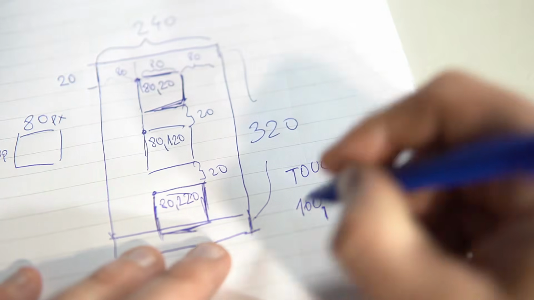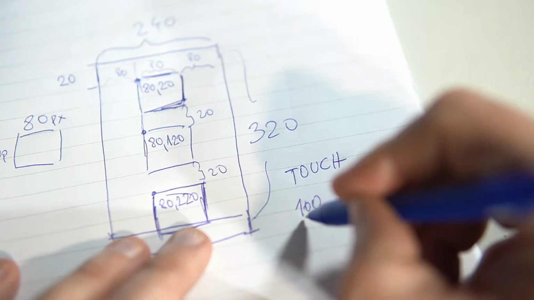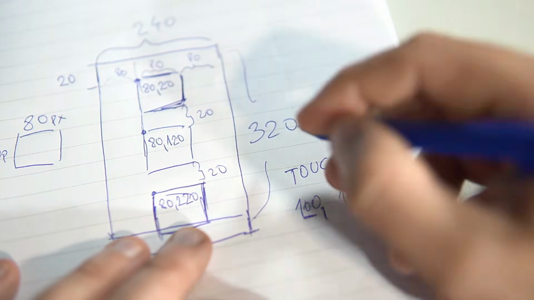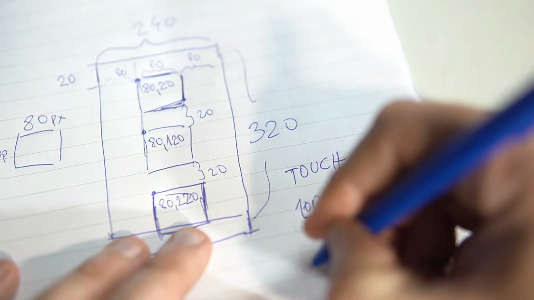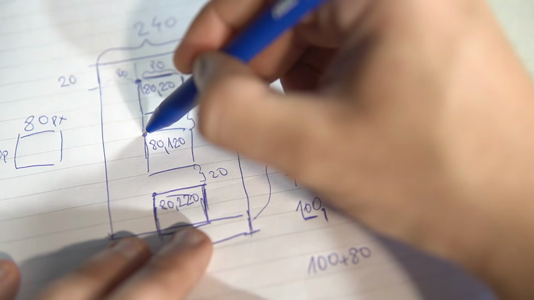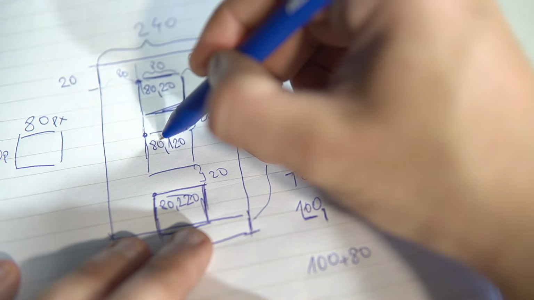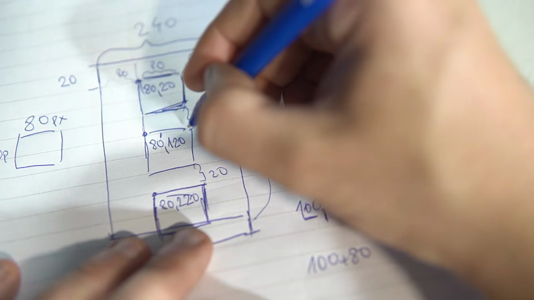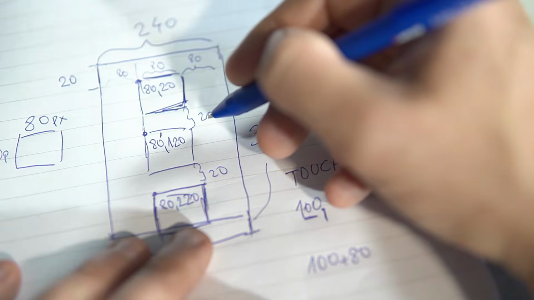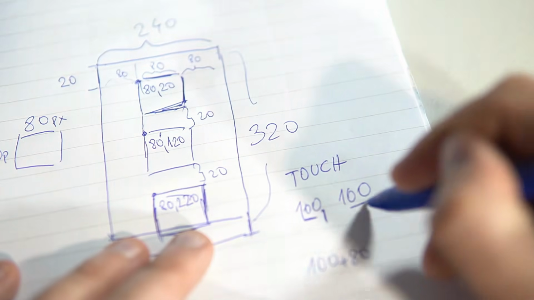So if touched X is higher than this and lower than this plus 80, and same for the Y coordinate.